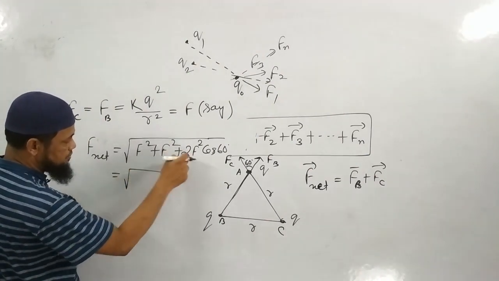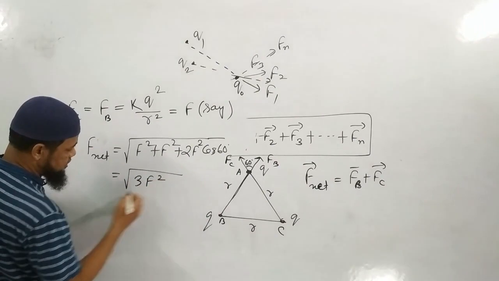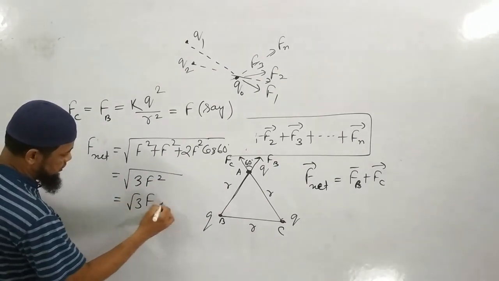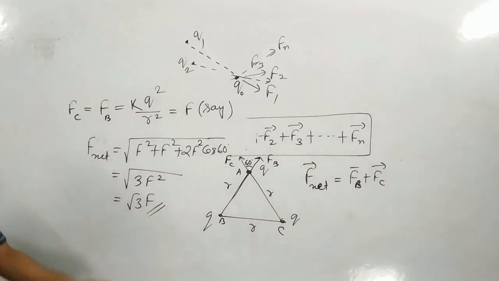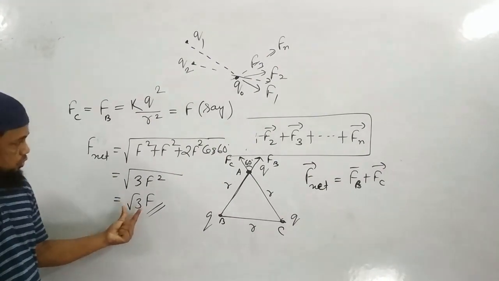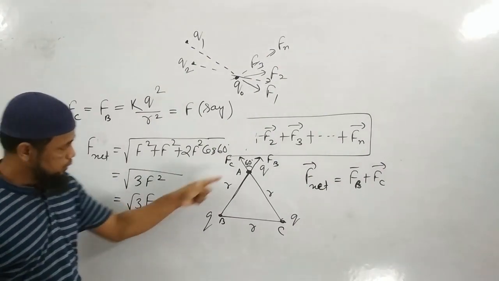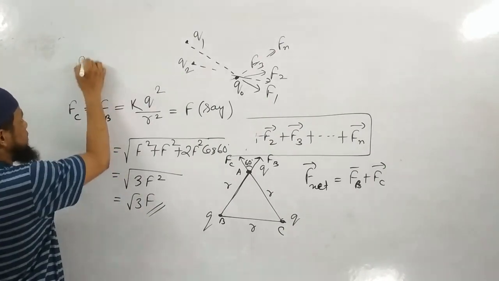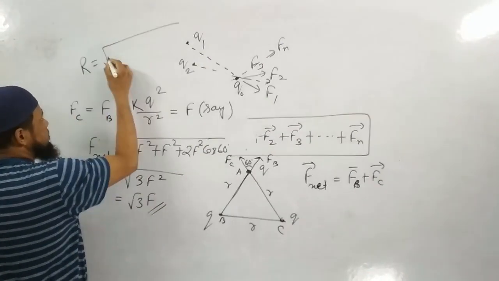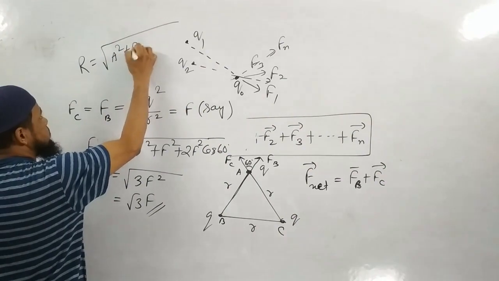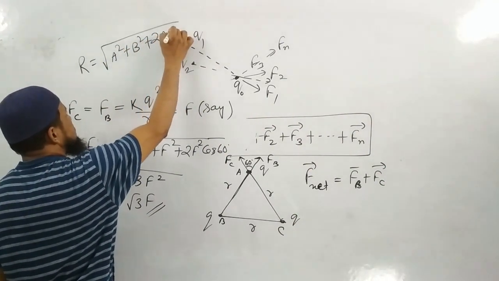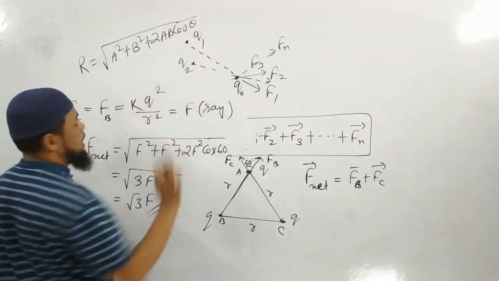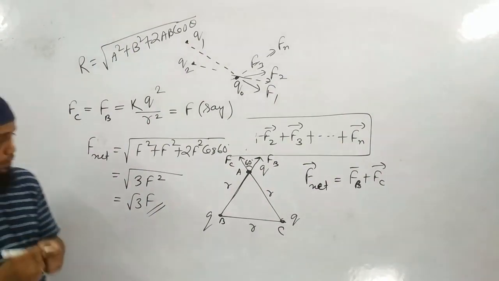F square plus F square plus F square, that is equal to 3F square, so root 3 F. This is going to be the net force. Clear? So we have used the vector sum formula: R is equal to square root of A square plus B square plus twice AB cos theta.